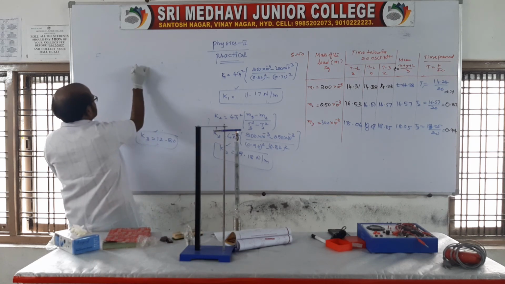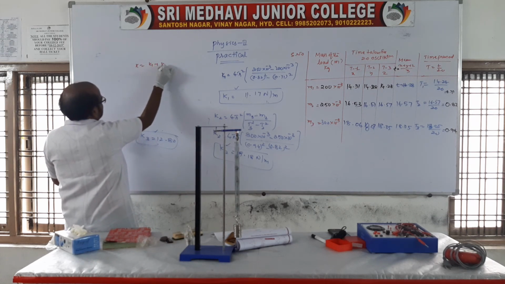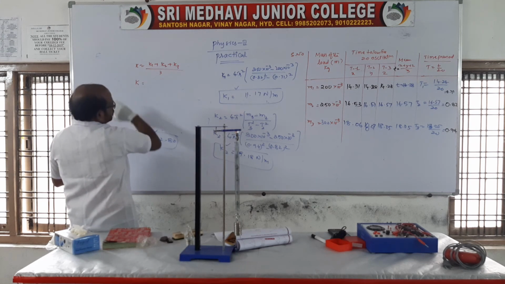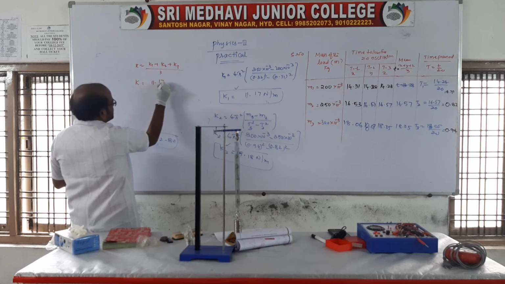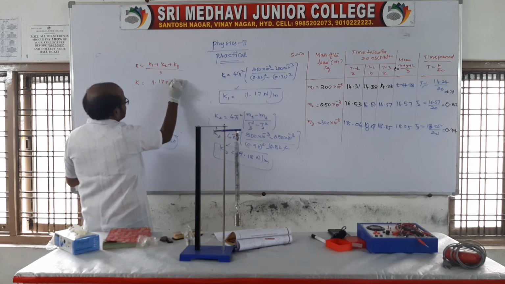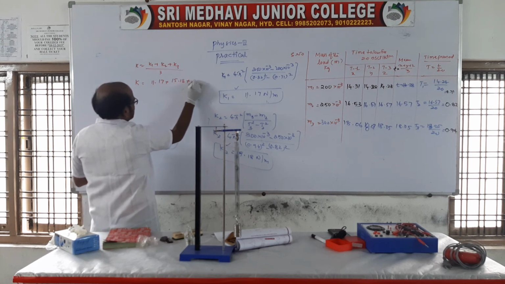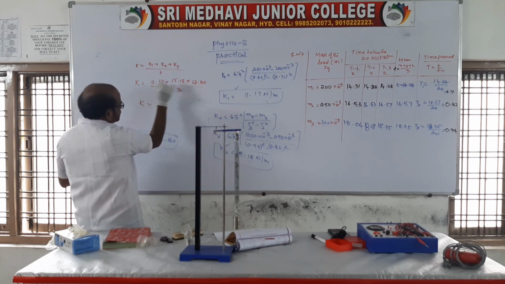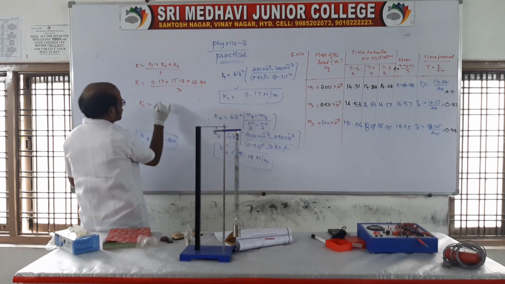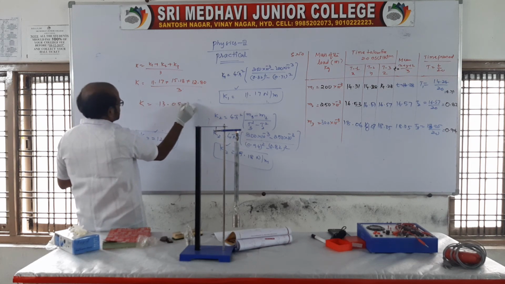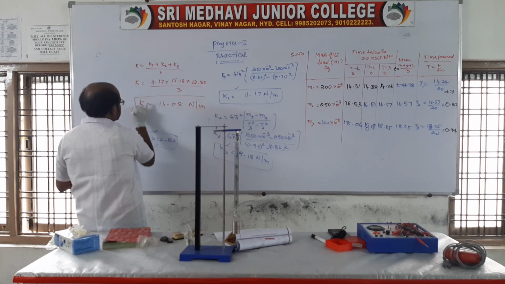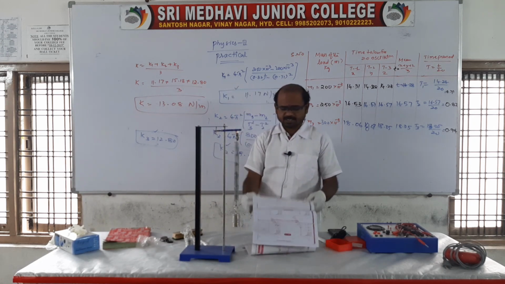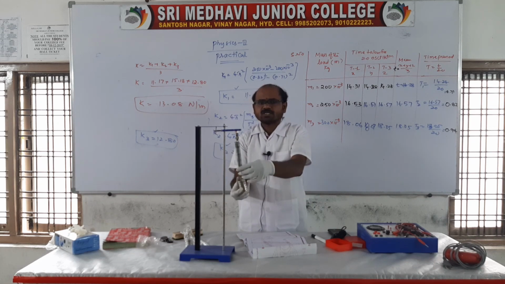So K is equal to K1 plus K2 plus K3 by 3, which is 11.17 plus 15.18 plus 12.80 divided by 3. Approximately we get 13.08 Newton per meter. This is the spring constant of the given helical spring.